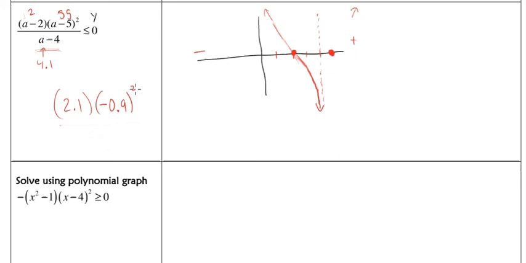But that's squared, so that's going to be a positive 0.81. So a positive times a positive here, divided by 4.1 minus 4, that's going to be 0.1, and it's positive. Now, a positive on top and a positive on the bottom gives us a positive. And so now we're on the other side of that asymptote, and we're heading towards positive infinity the closer and closer we get to 4 coming from the positive side.